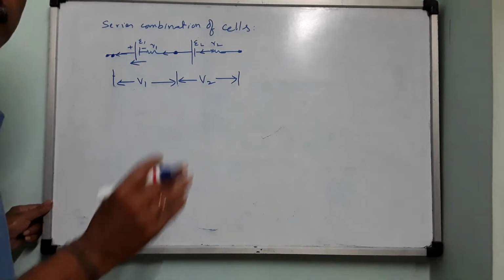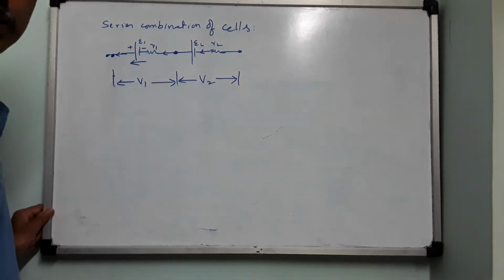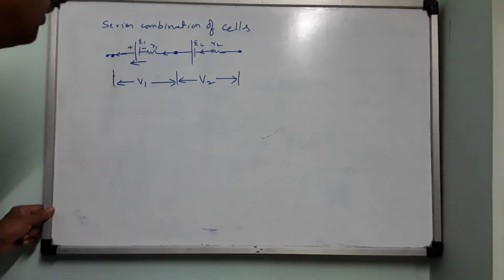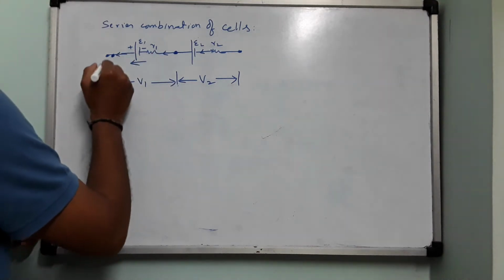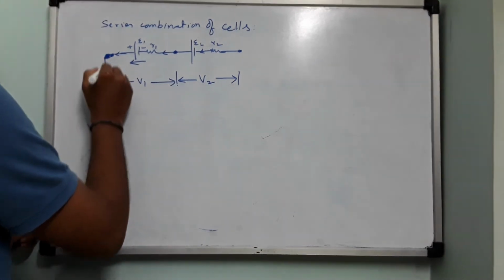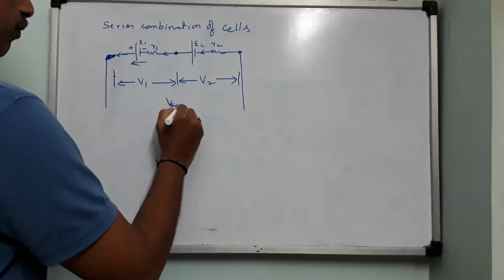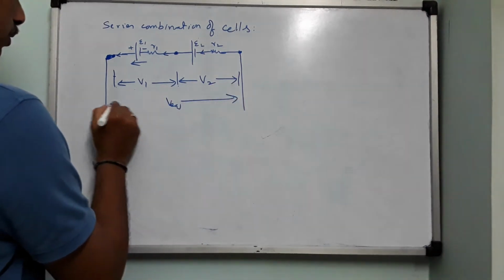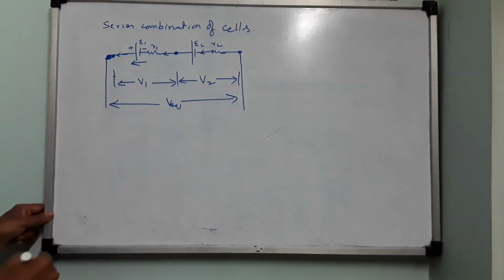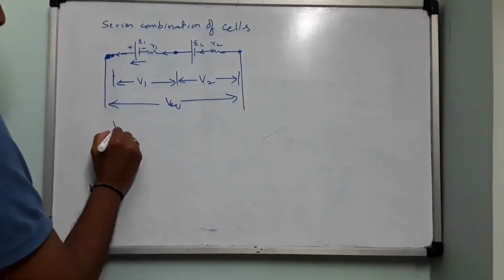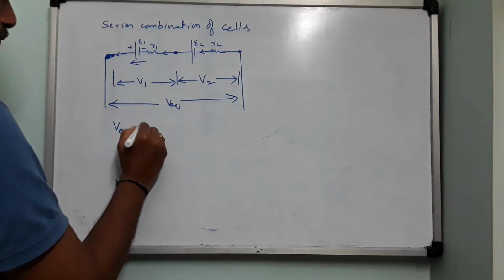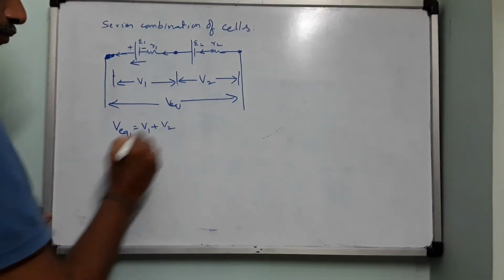When they are in series, they have the same current, but the potential difference is different across them. So if you see the equivalent between these two points, from here to here you have V equivalent. So from this you can write V equivalent equals V1 plus V2.